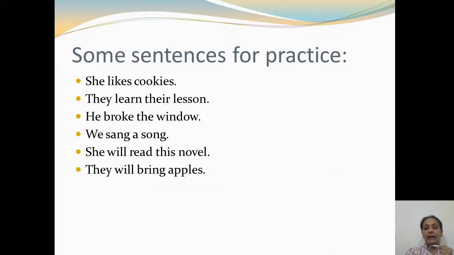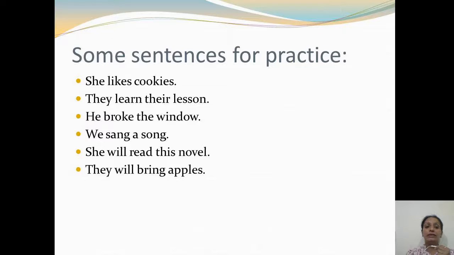We will bring their lesson to the front position, and they will go back into the object's position by changing into them. Because this is a sentence of present indefinite tense, our sentence will change into their lesson is learnt by them.